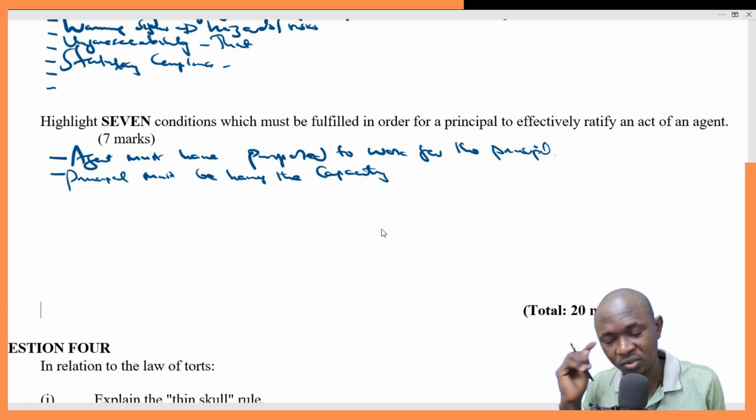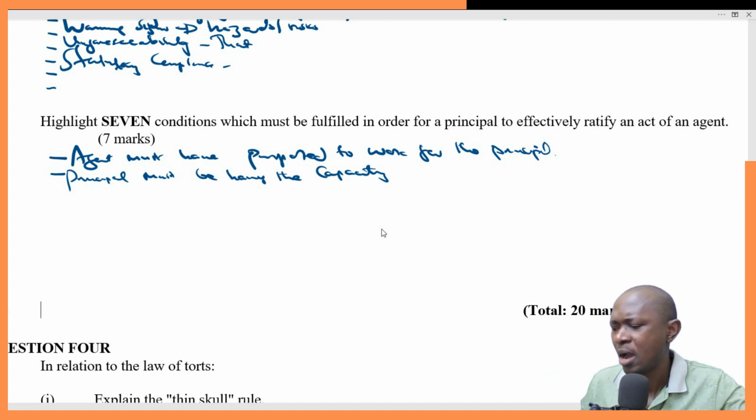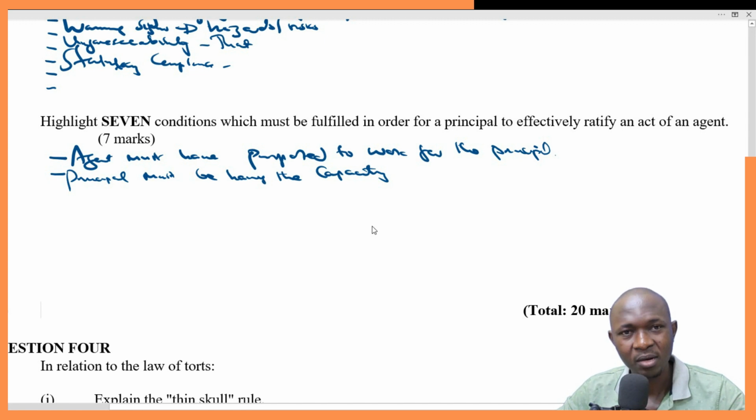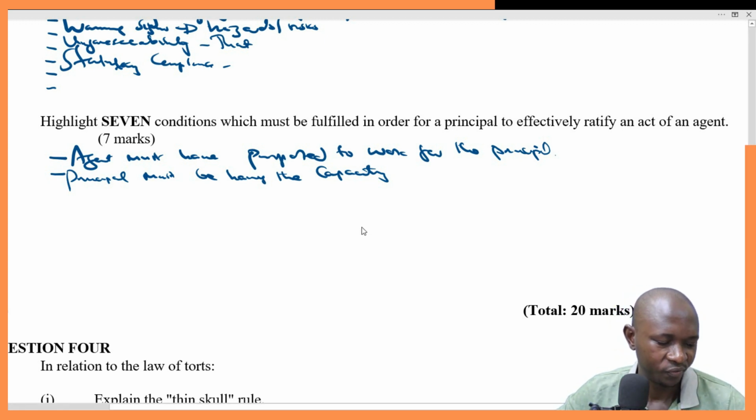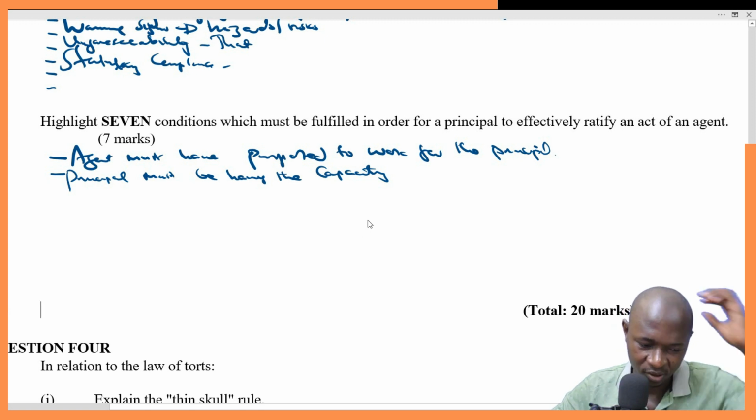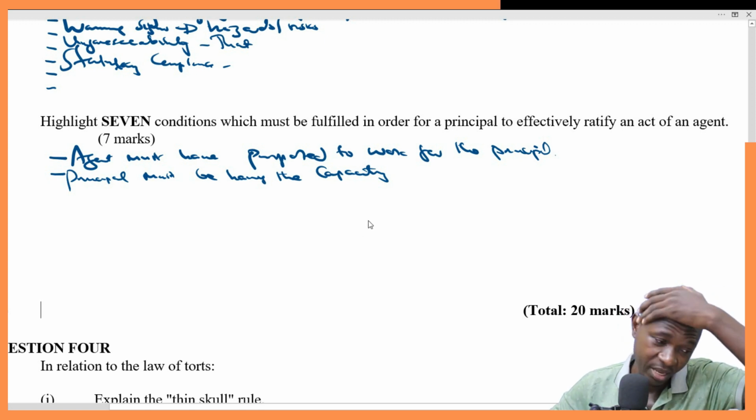If you don't have the capacity, how can you ratify it? How can you accept it? Ratification is approving. How can you approve a certain contract when you don't have what it takes? For example, you are not even of majority age. You have not attained 18 years. Doesn't make sense. So the principal must have the capacity for him to ratify or to approve the actions or the contract that has been entered into by the agent.